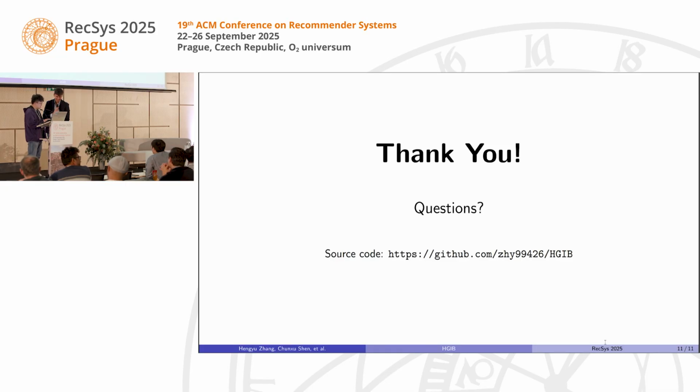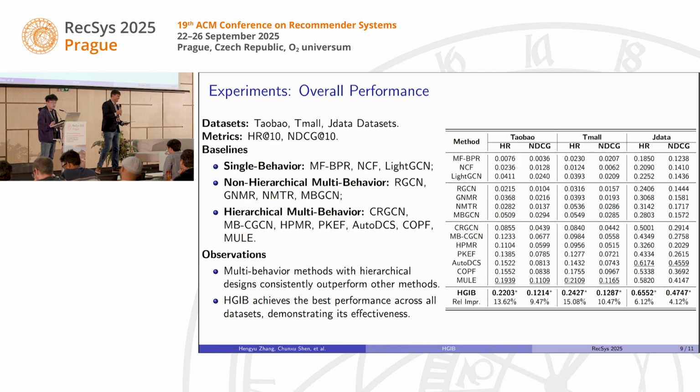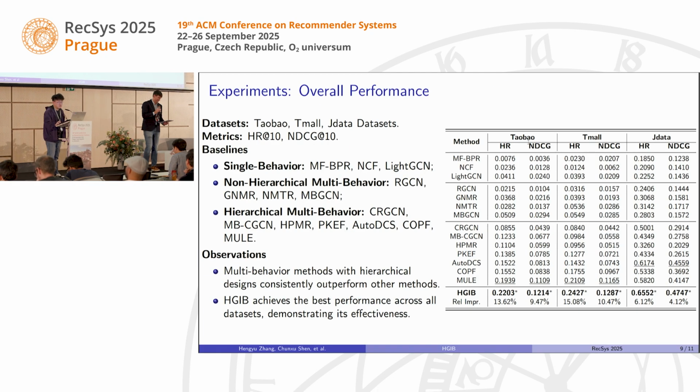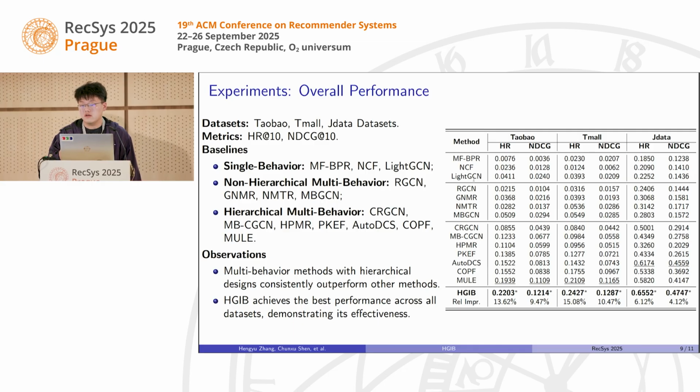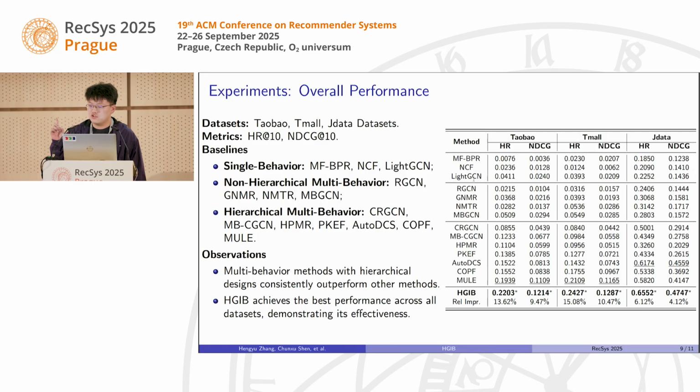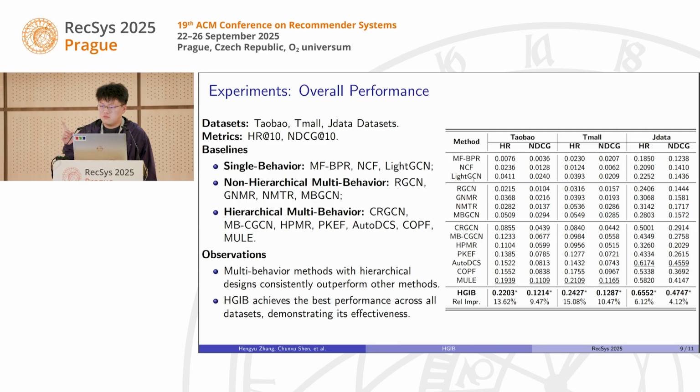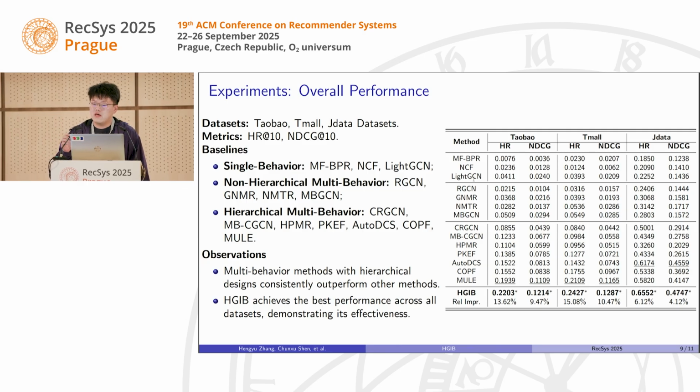Actually, it depends. Different datasets may give different results. As you can see, we use three datasets. Taobao and Tmall are similar, and Jingdong is a little different because Jingdong has a very high transfer rate.